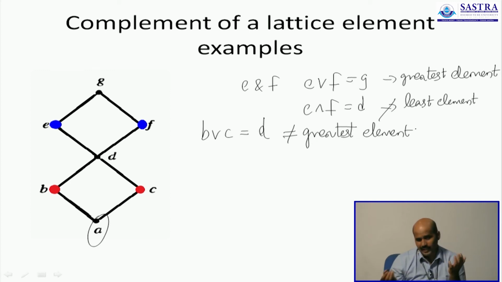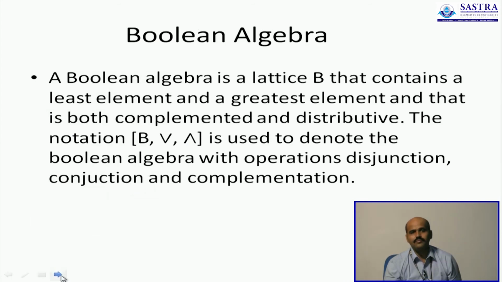The greatest element that we have already identified is the element G. And since D, which happens to be the join, the least upper bound of B and C, is not the greatest element, B and C are not complements of each other. You can explore further, and you will see that they don't have complements here, and therefore this is not a complementary lattice. Well, that brings us to this next idea on the Boolean algebra.